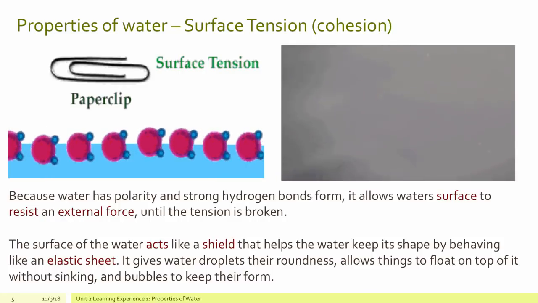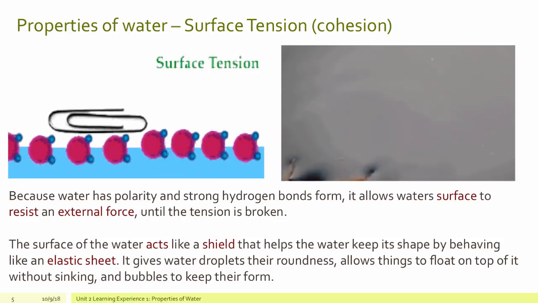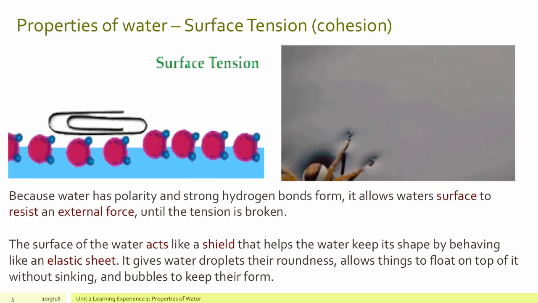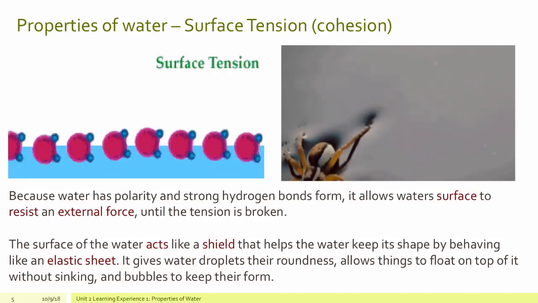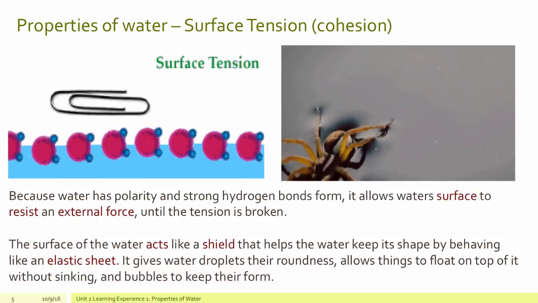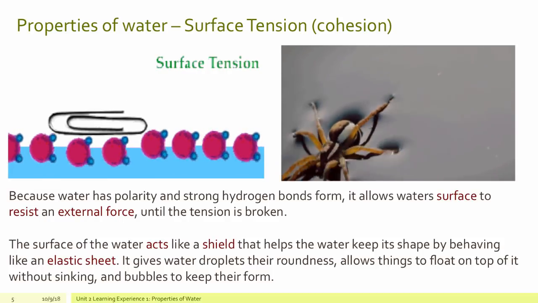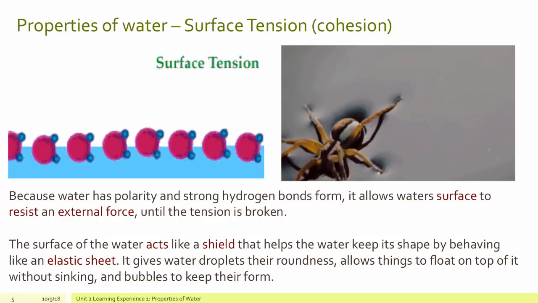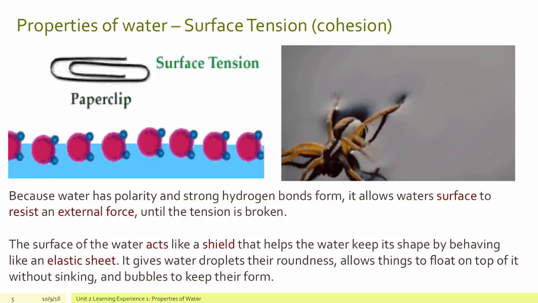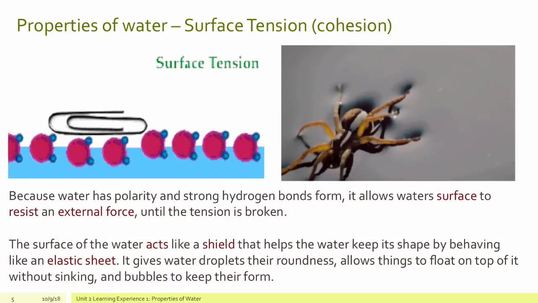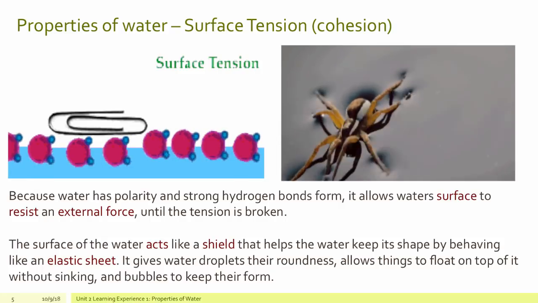This gives our water droplets their roundness because the water is cohesive, it sticks to other water molecules, helping make a surface that keeps the round form. And then it allows things like creepy spiders and paper clips to float on the top of the surface of water. It also gives bubbles their shape so that they don't pop.